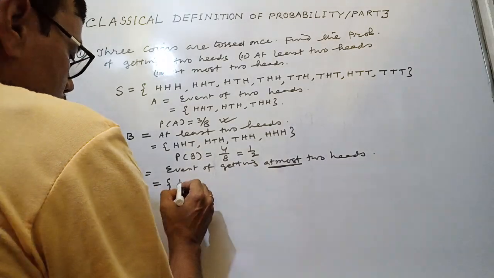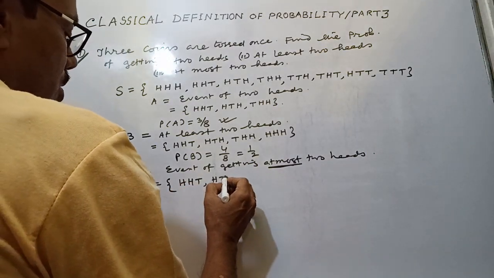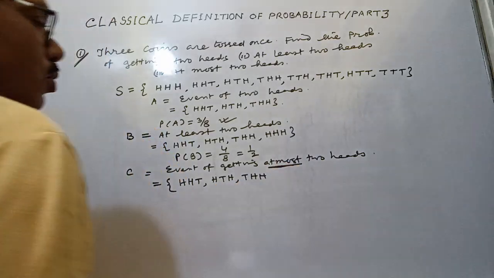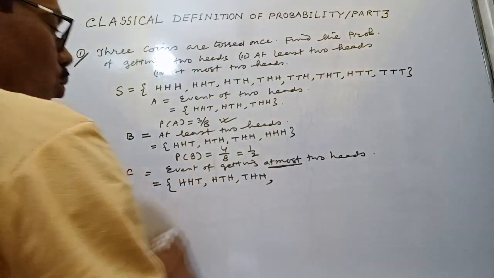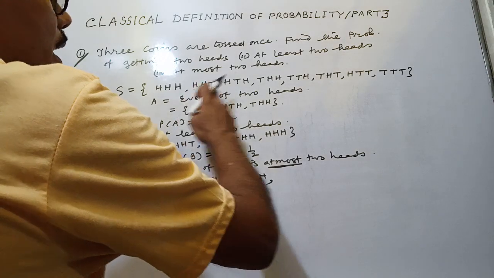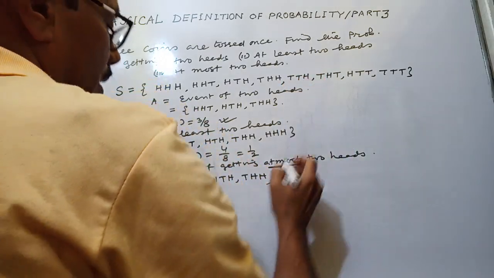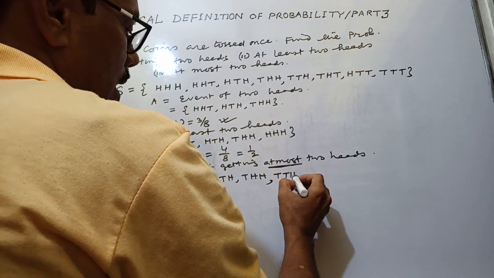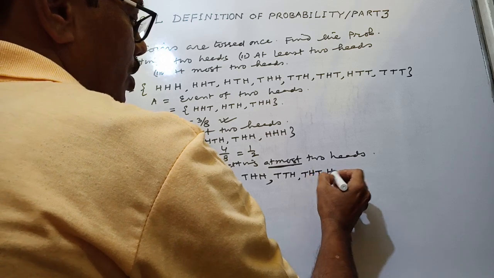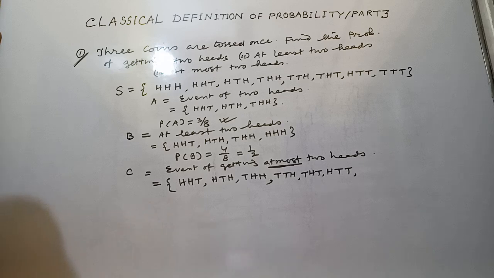So maximum 2 heads: HHT, HTH, THH. Maximum 1, that is, you can take 1 head also: TTH, THT, HTT. And no head is also possible.